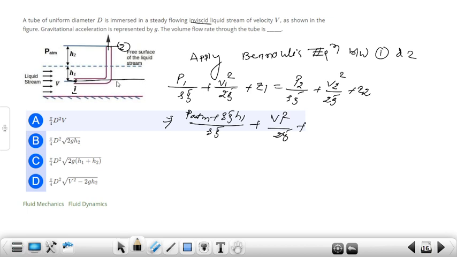Taking the reference this side, so Z1 is equal to 0, and P2 is P atmosphere as it is open to the atmosphere, so P2 is equal to P atmosphere divided by rho g plus V2 square divided by 2g plus Z2, which is H1 plus H2.